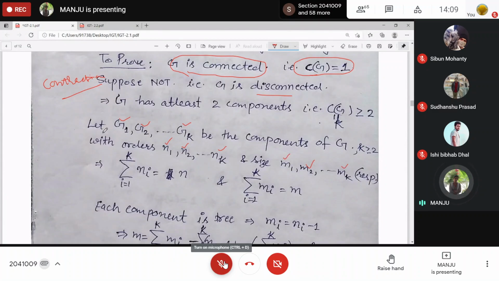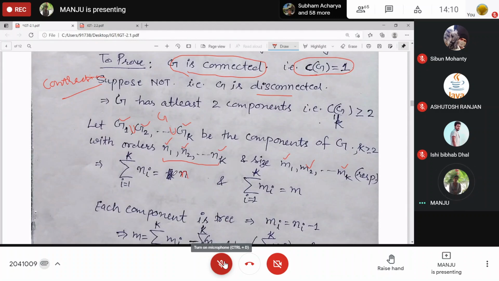Now I want to find the order of G. So what will it be collectively? I have to collect and count all these, clear? These together make G. So for G, the order of G is N, that will be n1 plus n2 and so on up to nk. This is the summation of all ni, i running from 1 to k.